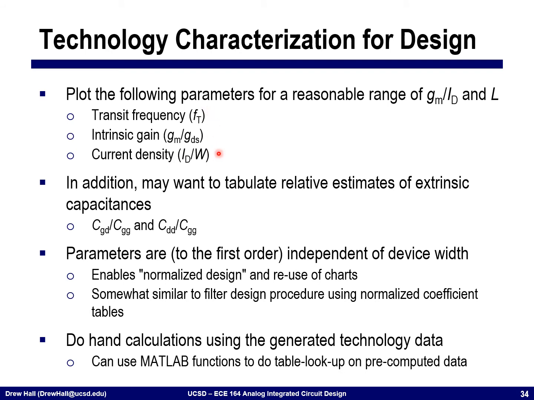If you want to get a little more advanced, you can also calculate estimates of extrinsic capacitances. Recall that FT is set by the intrinsic capacitance, or CGS. At times, we've also wanted to know how CGD and CDD were relative to CGG, and we can tabulate these as well.